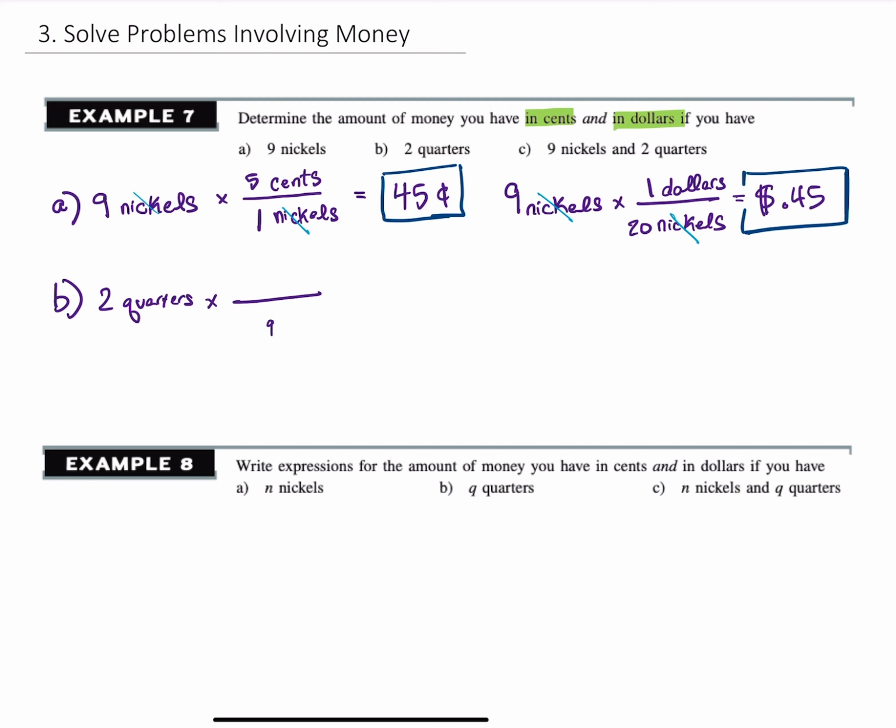I want to cancel the quarters and turn it into cents. And I know there is 25 cents in 1/4. So that can be my conversion. So 2 times 25 is 50. And that makes sense. We have 50 cents for 2/4.